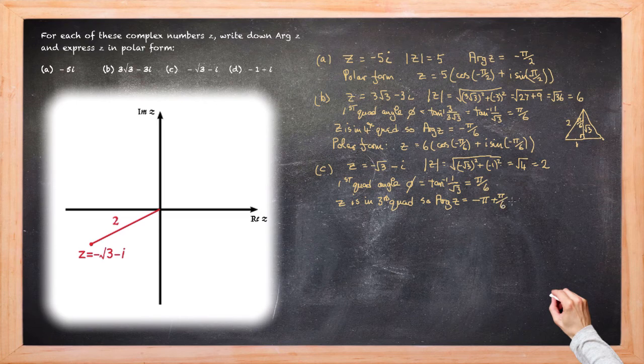So that's negative pi plus pi upon 6. So it's negative 6 lots of pi upon 6 plus 1 lot of pi upon 6 which is negative 5 lots of pi upon 6. So polar form, that's the modulus, which is 2 times the cosine of negative 5 pi upon 6 plus i times the sine of negative 5 pi upon 6.